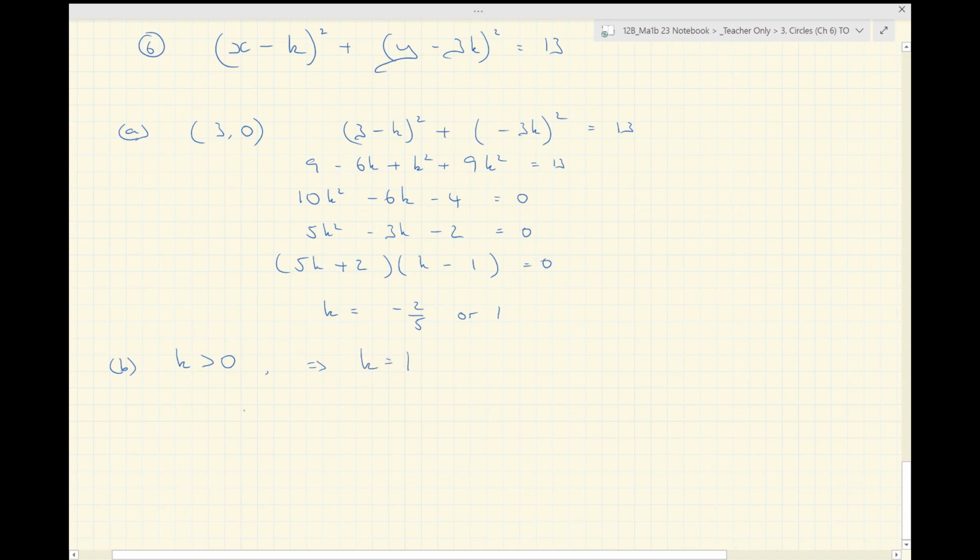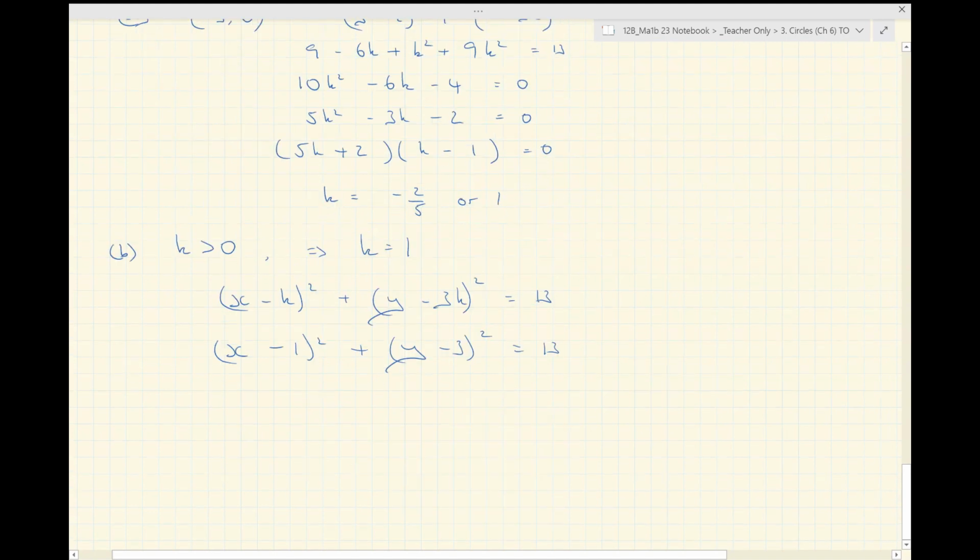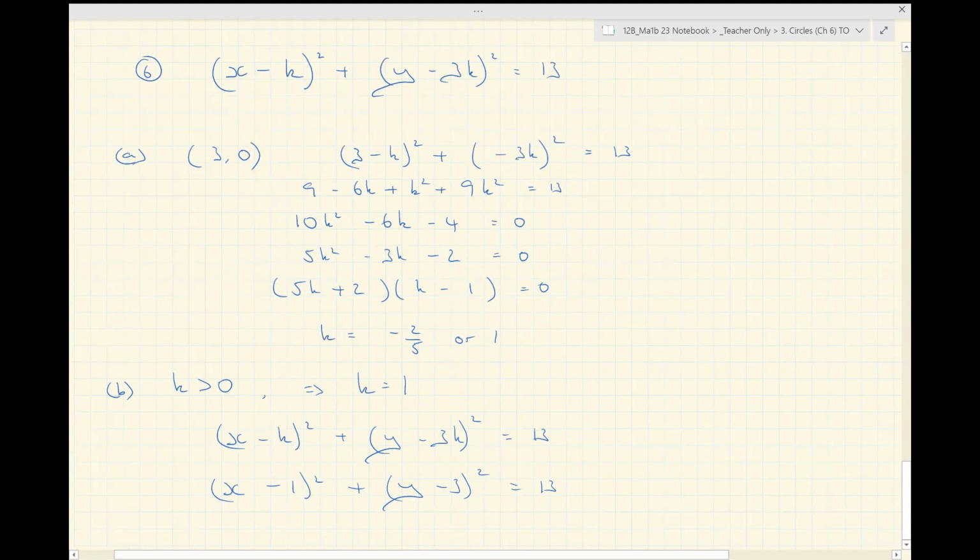Well, I know the equation of the circle was (x minus k) squared plus (y minus 3k) squared equals 13. And I now know that k is 1, so that's going to be (x minus 1) squared plus (y minus 3) squared equals 13. So there is the equation of the circle, and that is question 6 complete.